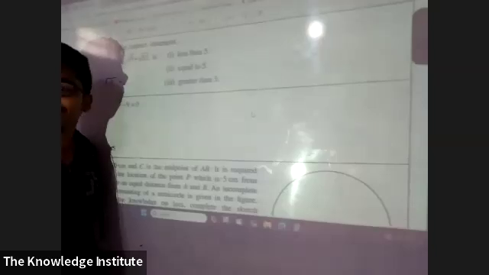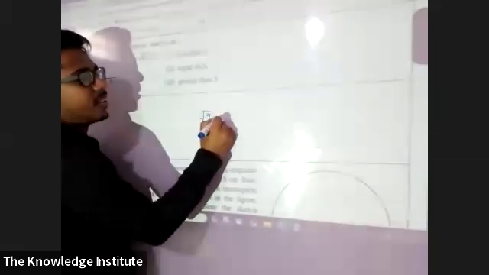Then 9 is the square of 3, square root of 9 equals 3.